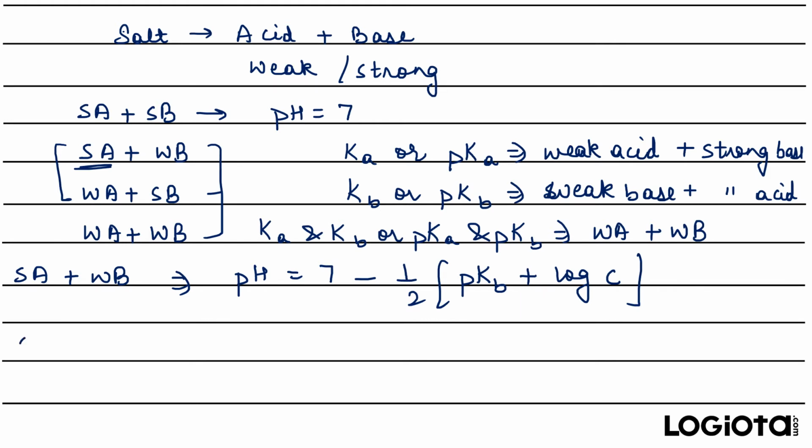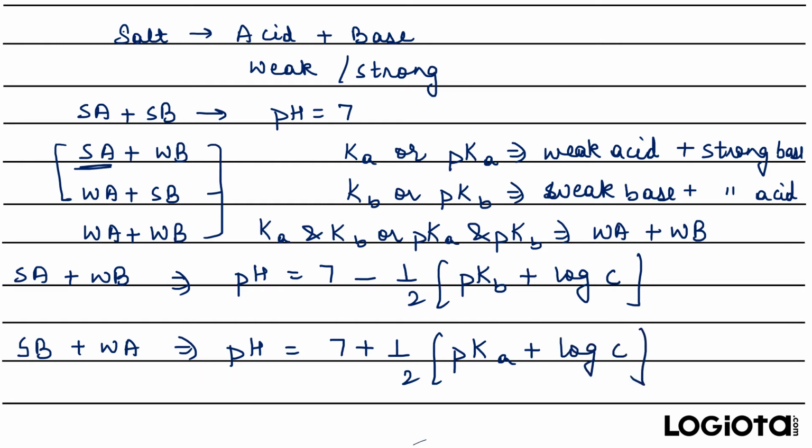And if strong base and weak acid is involved, then pH would be equal to 7 plus half of (pKa plus log of C). Now in these two cases, C is the concentration of the salt, and 7, you know, is the neutral pH. The only differences are this minus and plus, and this Kb and Ka.